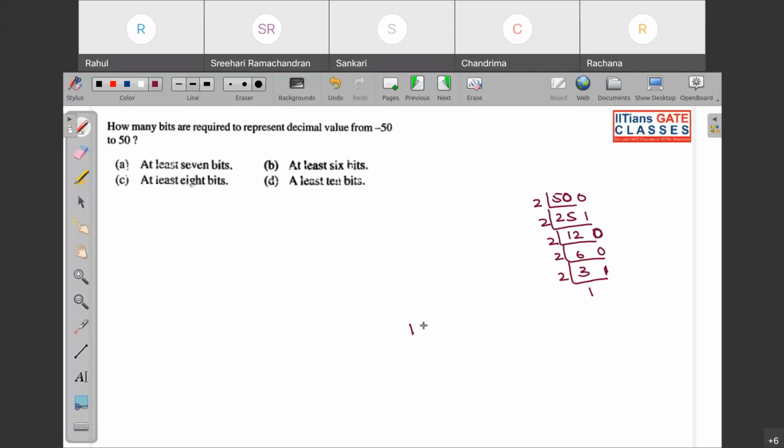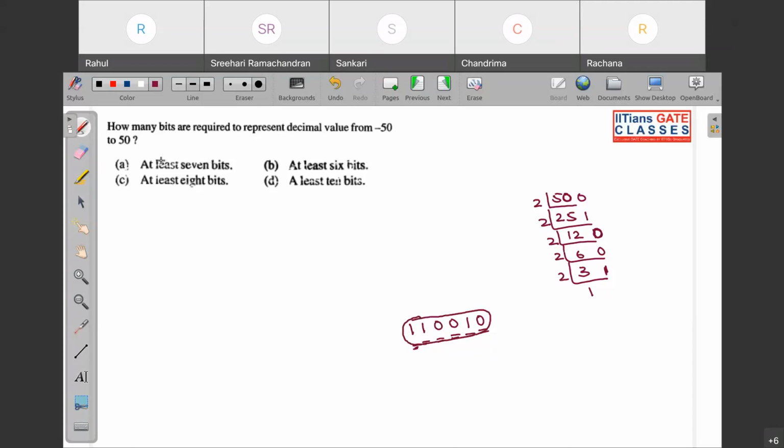So this is 1 1 0 0 1 0. Okay, 50 this is. How many bits do we require? 1, 2, 3, 4, 5, 6. So 6 bits are used for representing 50. Now I need to represent from -50 to +50.